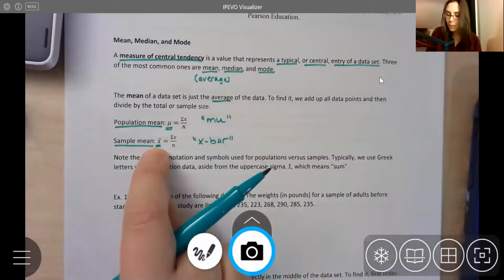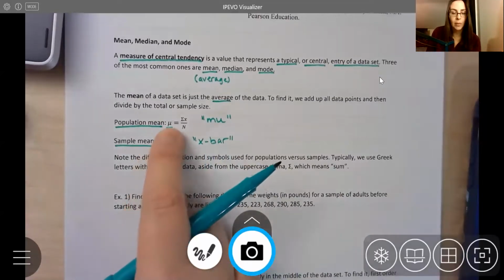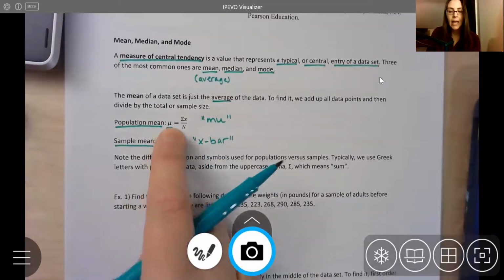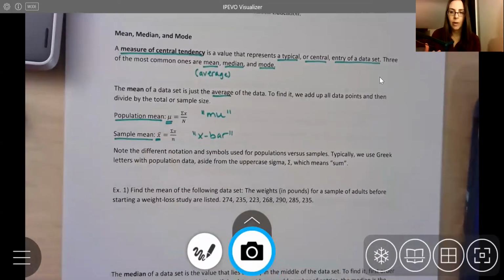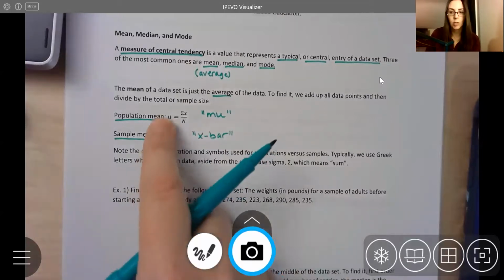It's actually the same calculation: we're adding up all the data points and dividing by the sample size. That doesn't change, but we use different notation to express it.